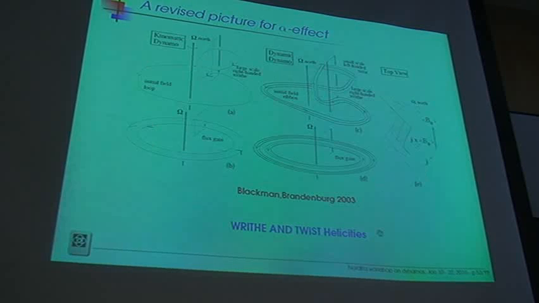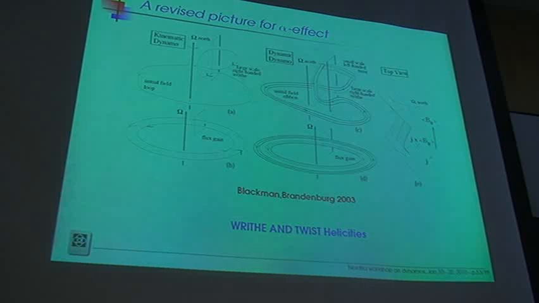You would already have guessed that our picture for these loops of the alpha effect, which I showed before, that a small line of field was taken up and twisted to produce the poloidal field, is not completely correct, because it ignores the fact that whenever you do this motion, you are actually grabbing a bunch of field lines and driving them to make the poloidal field from the toroidal field.